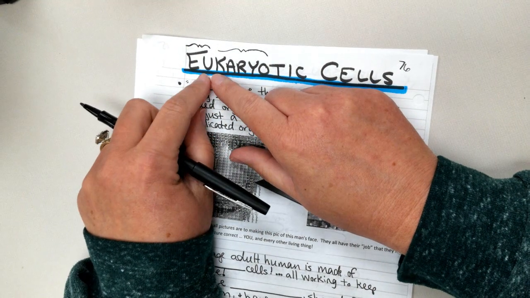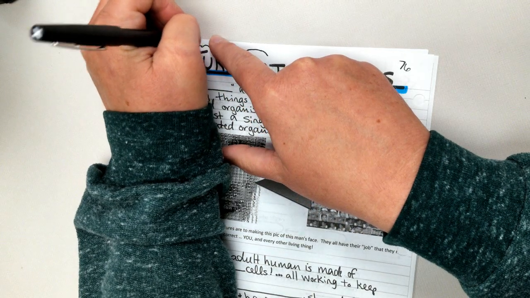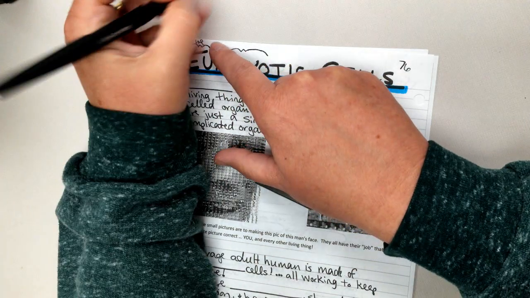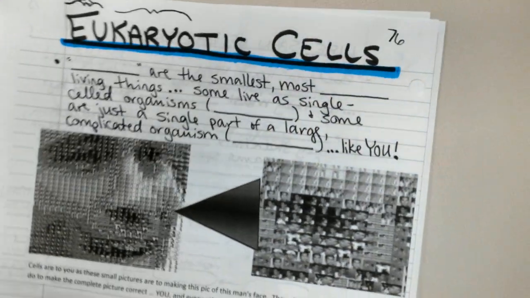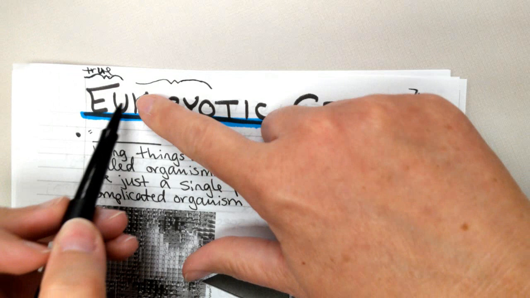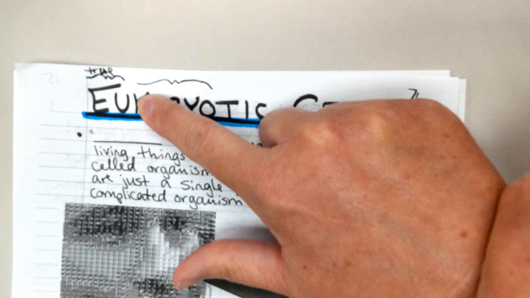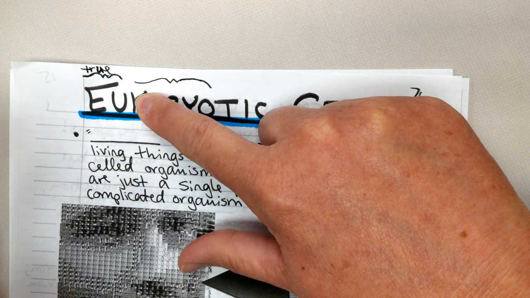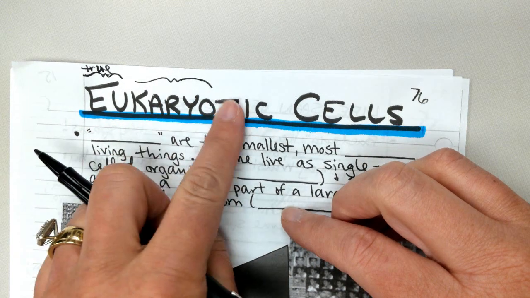So whenever you see EU, which we pronounce U, it means true. And this cut off my page, but we can fit that right there. Let me zoom in a little bit. So U means true. We talked about eubacteria in the last section, and that meant the true bacteria, the ones that were on us or whatever. Well, U just means true.